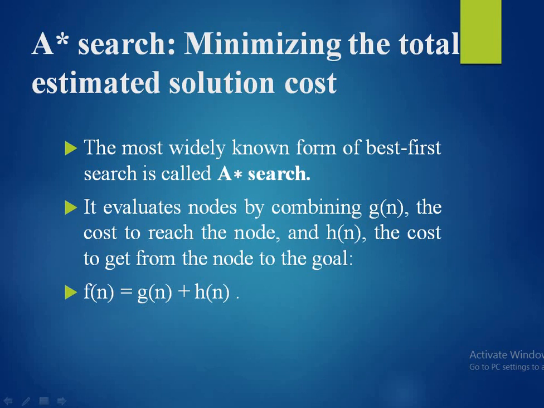Okay, so f of n is nothing but the combination of these two, that is, the cost to reach the node and the cost to get from the node to the goal.